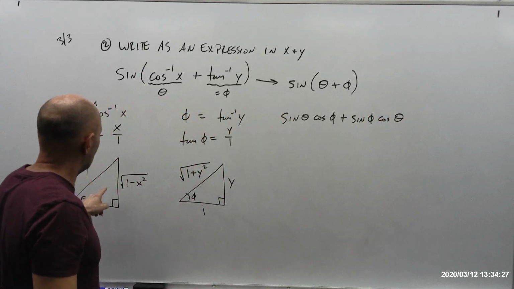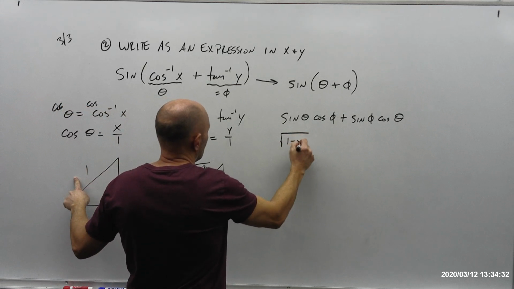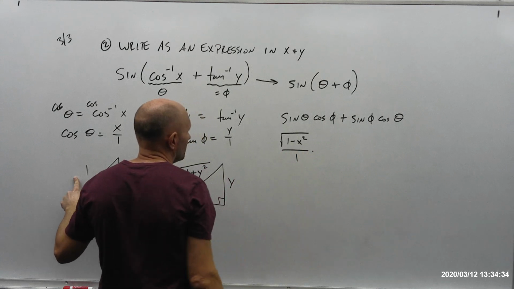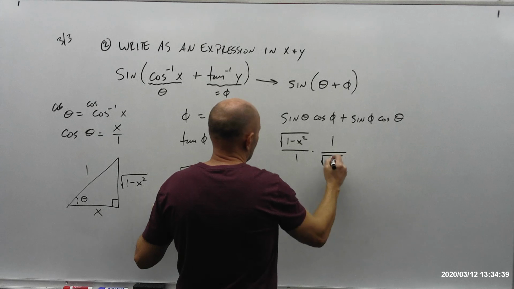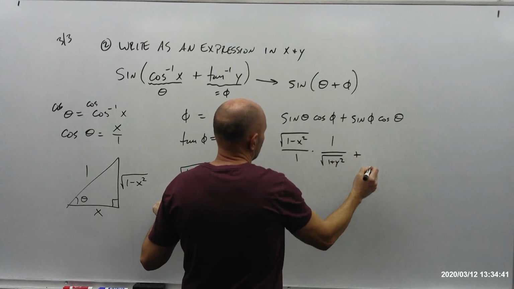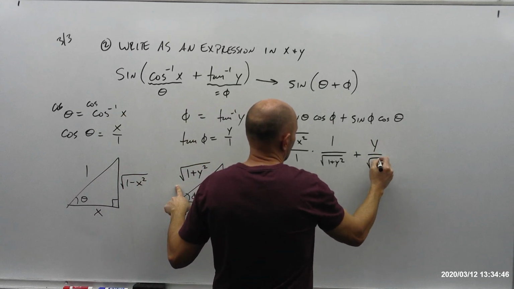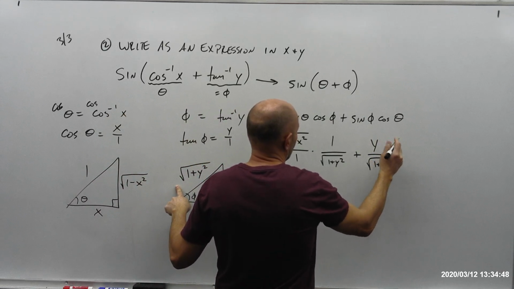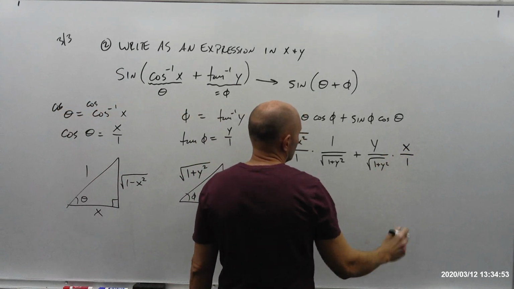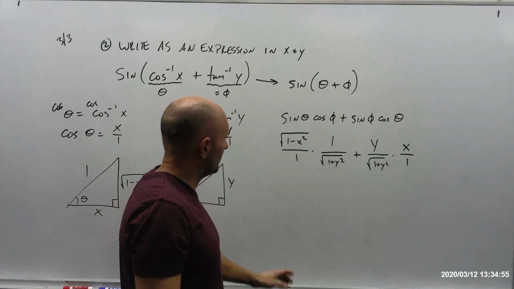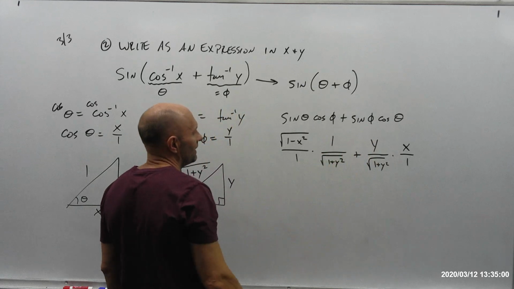Now go to the triangles. Sine of theta, opposite over hypotenuse, so square root of 1 minus x squared over 1. Cosine of phi, 1 over the radical part, plus sine of phi, y over the radical part, times cosine of theta, x over 1. If you have done this correctly, the product of the first two and the product of the second two have the same denominator.